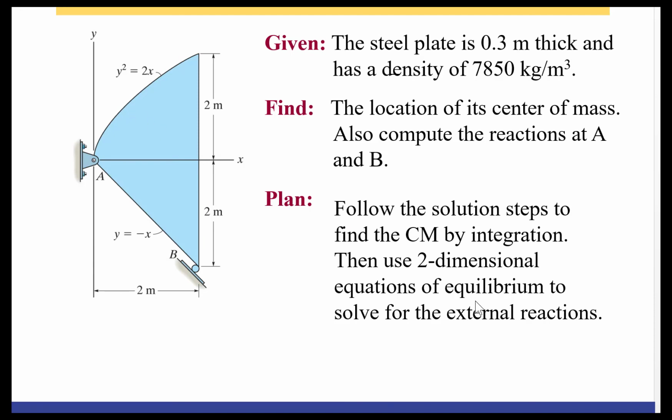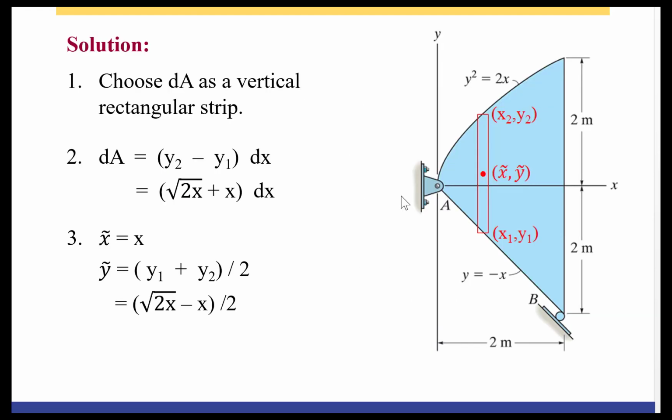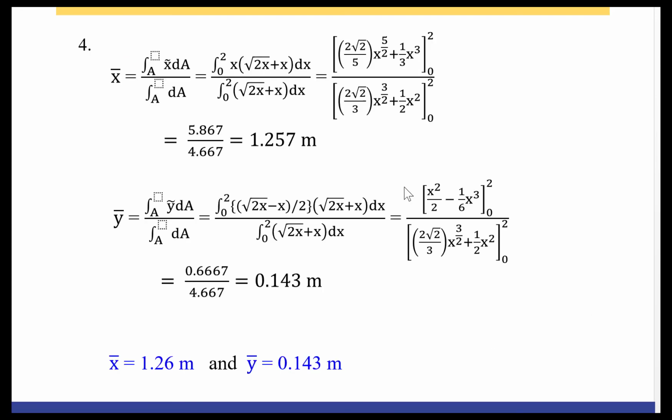So let's go over the steps, and then leave these details for you to try at home. The first step was to calculate the centroid of this entire plate, right? You may use this approach or may divide it the way I was describing it, but let's say you were able to calculate the centroid, which is 1.26 in x and 0.143 in y.